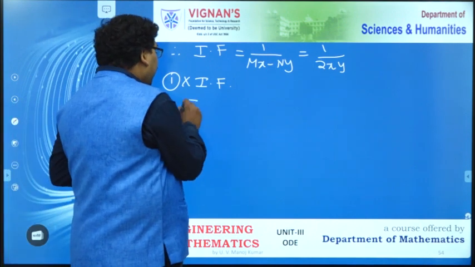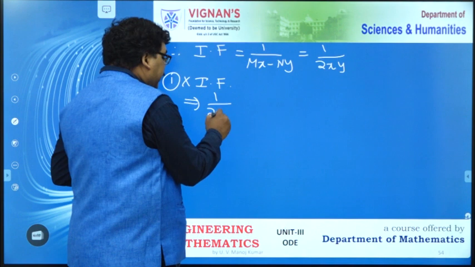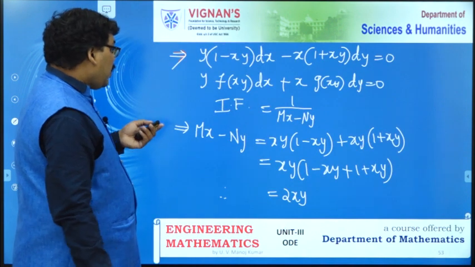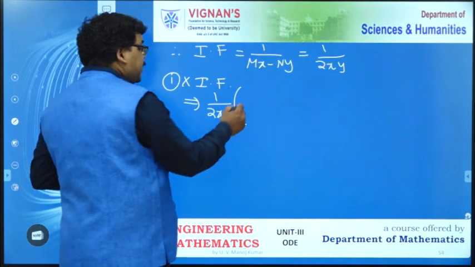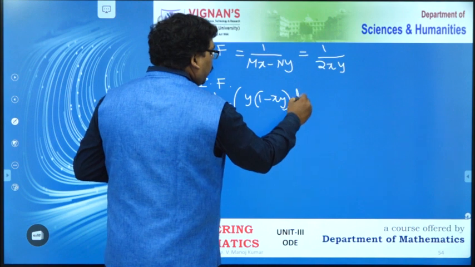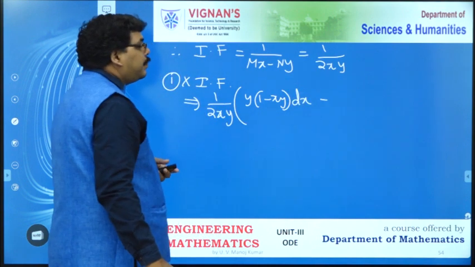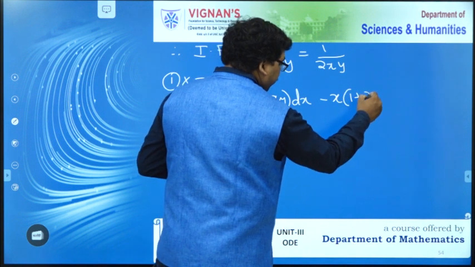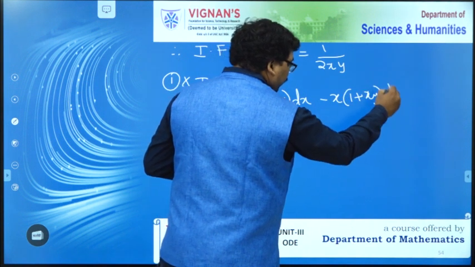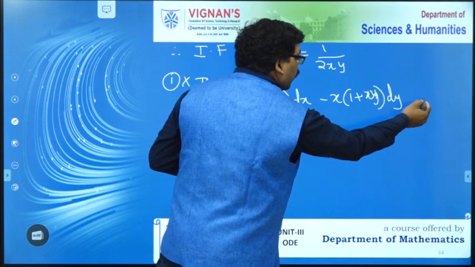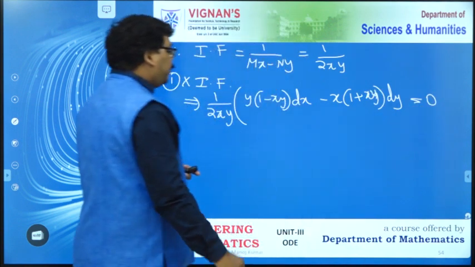So I will get 1 by 2xy into y into (1 minus xy) dx minus x into (1 plus xy) dy equals 0.